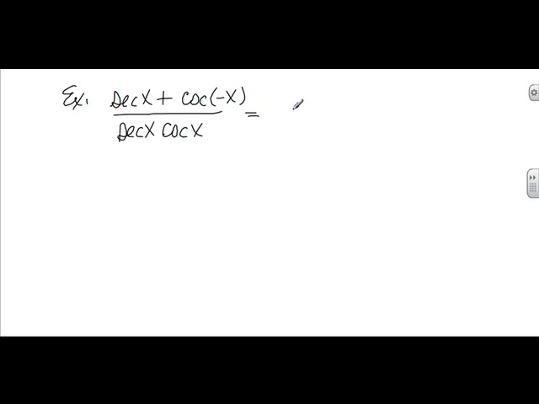And the very first thing that I see is all of the angles in this problem are x except that one. So I'm going to use the odd and even identities to rewrite cosecant of negative x as negative cosecant of positive x. Cosecant is one of our odd functions.